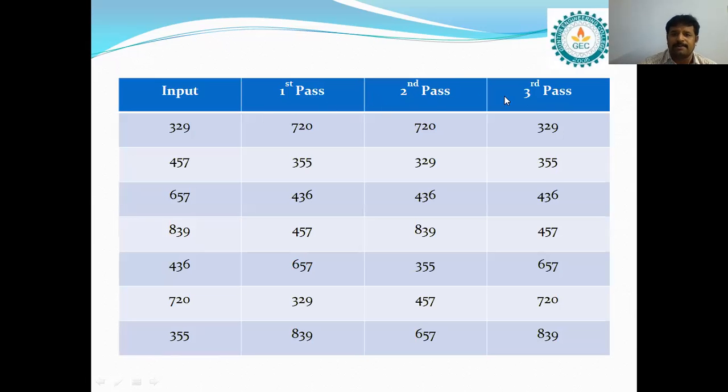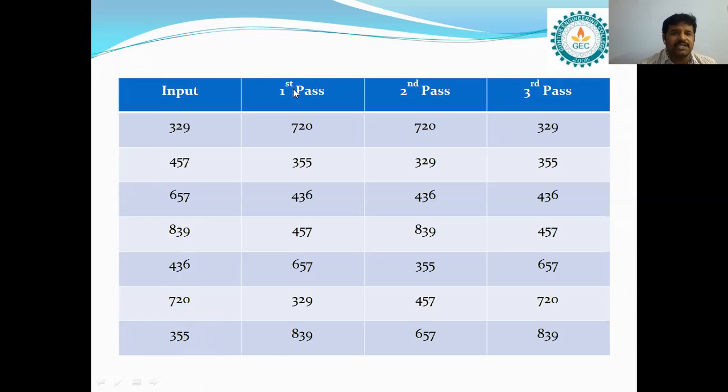So this is the array, which contains 7 elements. If you see the elements, they are not in ascending order, so we have to put these elements in ascending order by using radix sort.